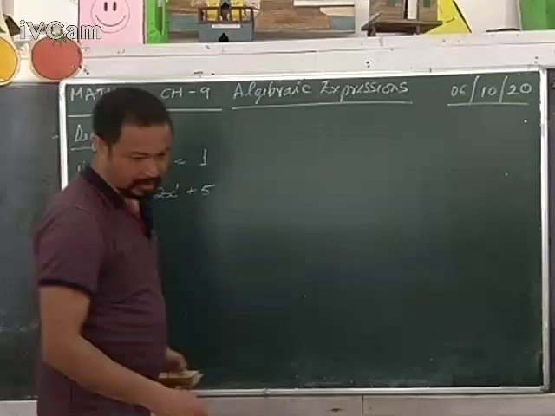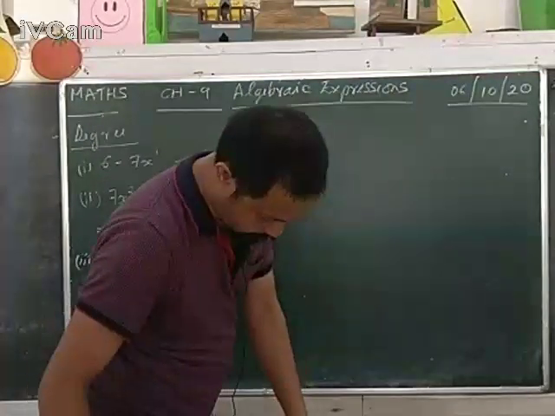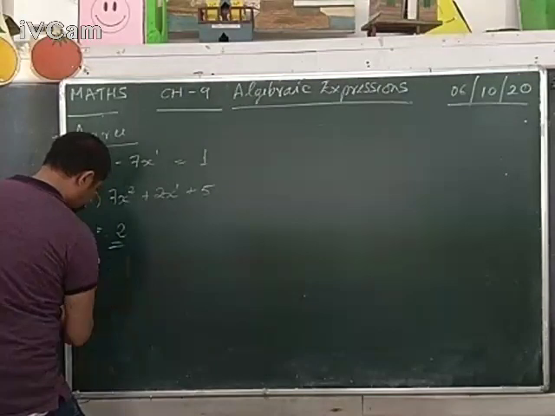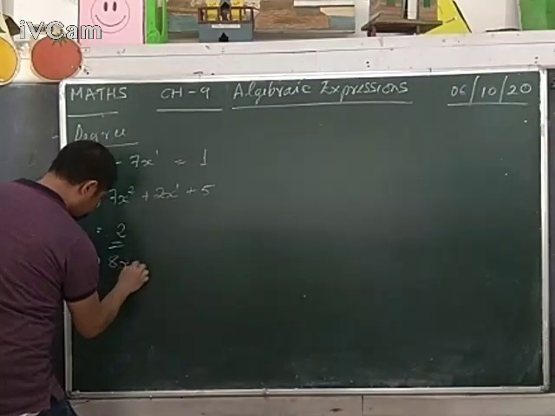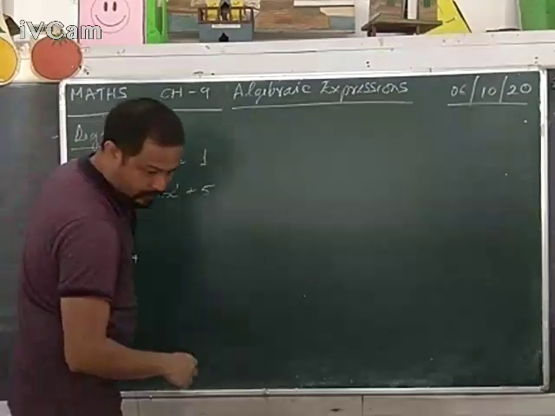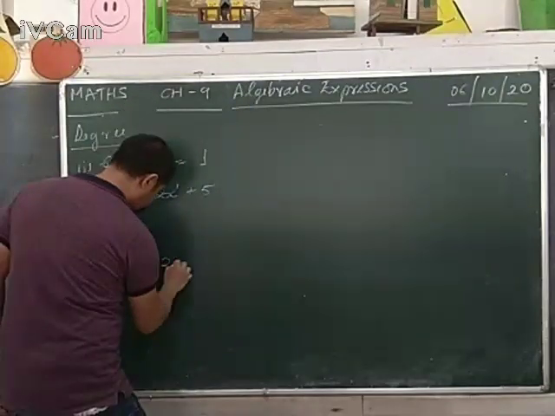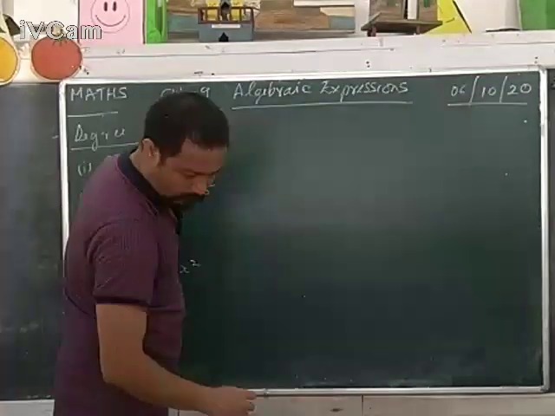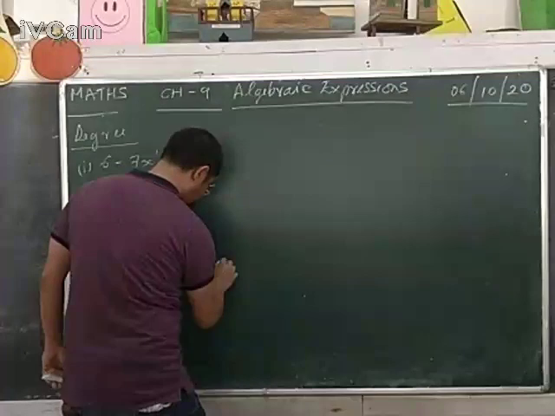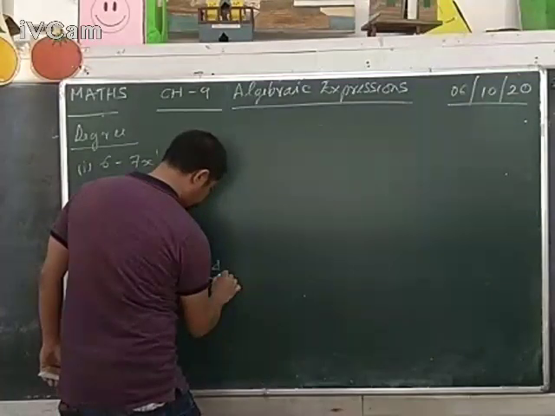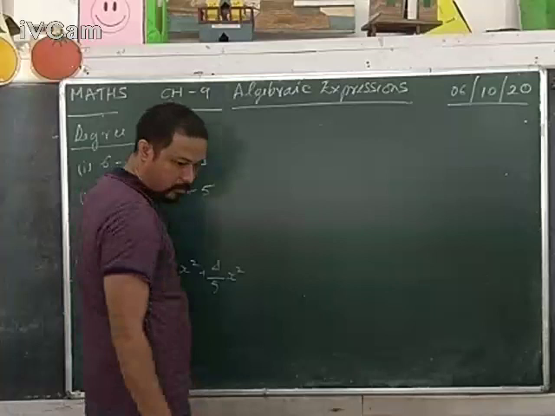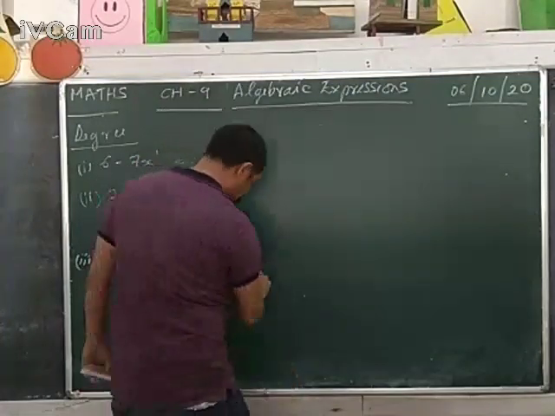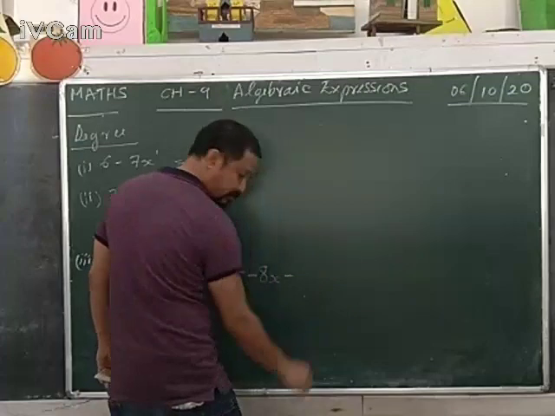I think it will be much clearer. 8x to the power 4, minus 2 by 3 x squared, plus 4 by 5 x squared, minus 8x minus 4.